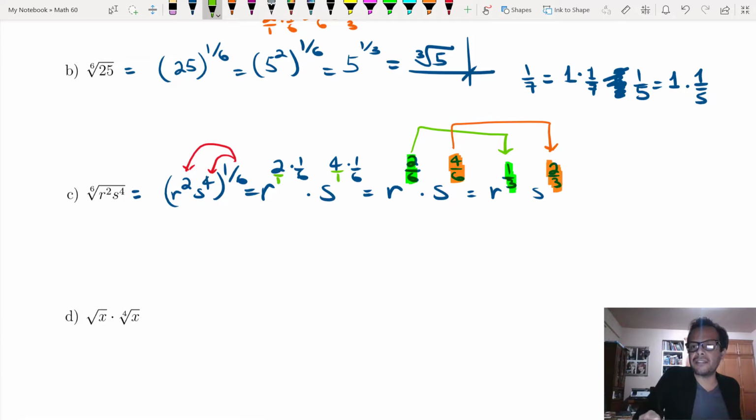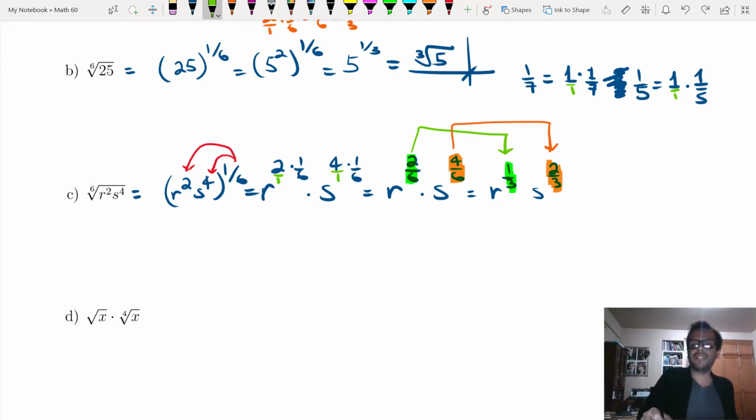For the first case, this is 1/1, so that's 1 times 1, which gives us back the 1 right here. And then in the denominator, 1 times 7 gives us the 7 right here. On the other example, 1 times 1 gives us a 1, and 1 times 5 gives us a 5.